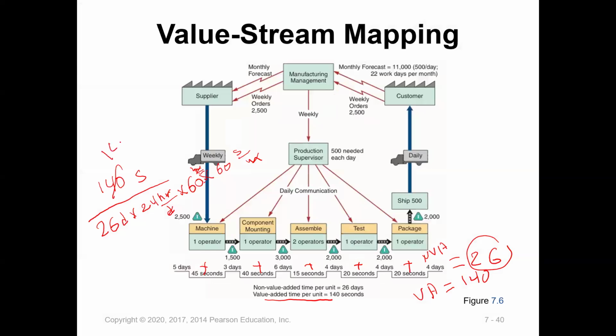So this divided by 140, and this whole number divided by 140, will give 16,046. So for each second which is value added, there is 16,046 non-value added. Wow, that's too much.